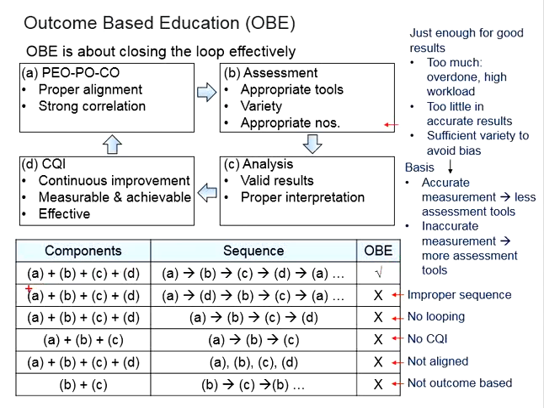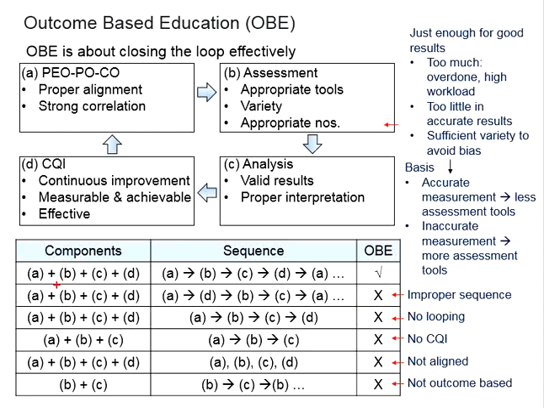In the second scenario, you have complete A, B, C, and D, but the sequence is improper. You do A first, and then go to D, proceed with B, and then C, and come back to A again. Now the sequence is improper, and this is not OBE.